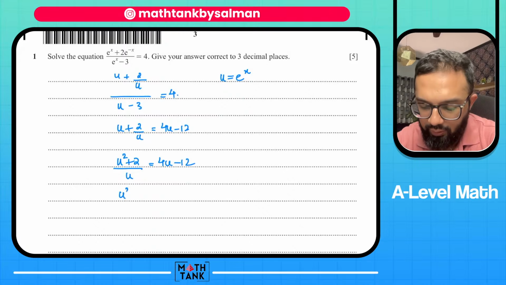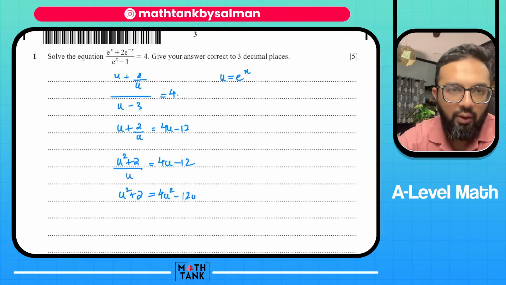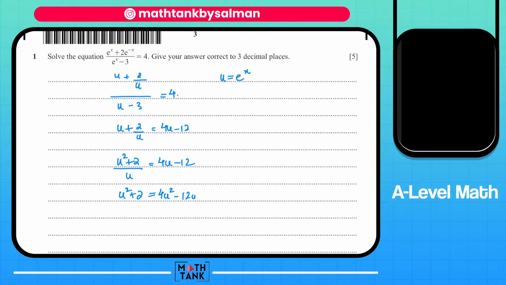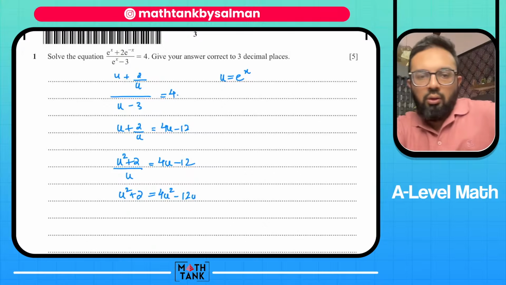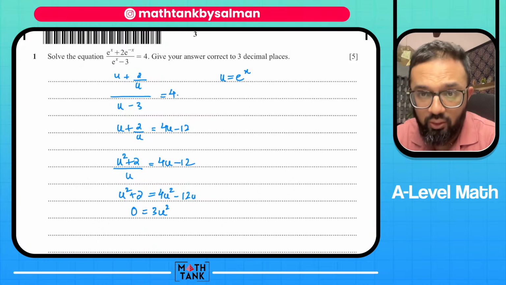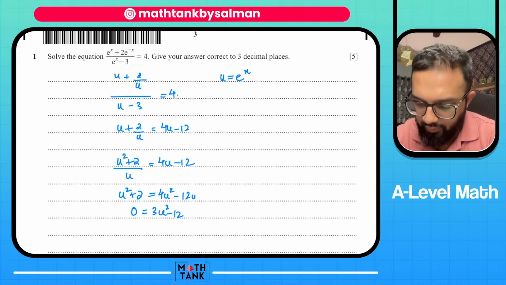Then u squared plus 2 equals 4u squared minus 12u. Okay, so this gives me 3u squared minus 12u minus 2.